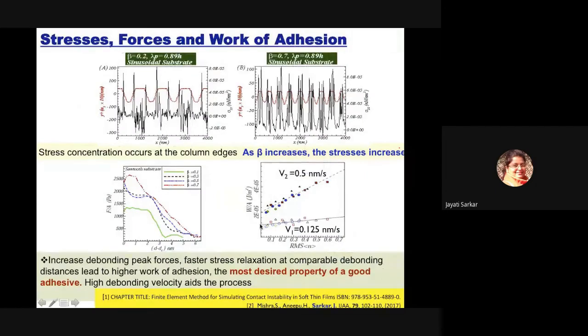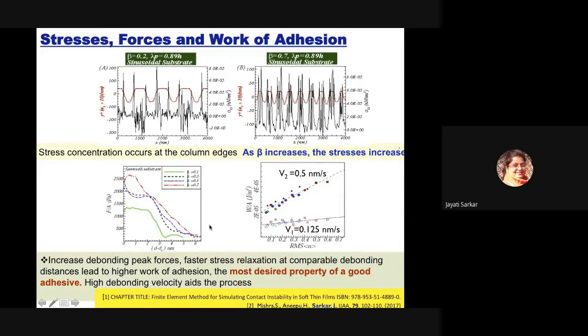Moreover, if we can see the stress profile over here, when the beta increases, we can see that a larger number of stresses are formed. Though the magnitude of the stresses remains the same, because of the stress concentrations, the maximum pull-off force required also increases. So this increases the work of adhesion of this type of films.